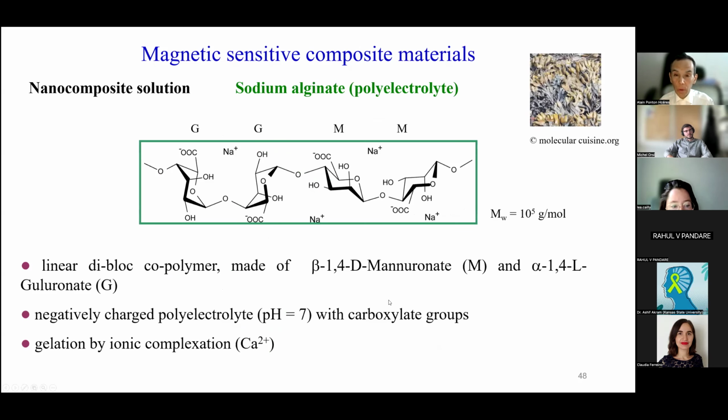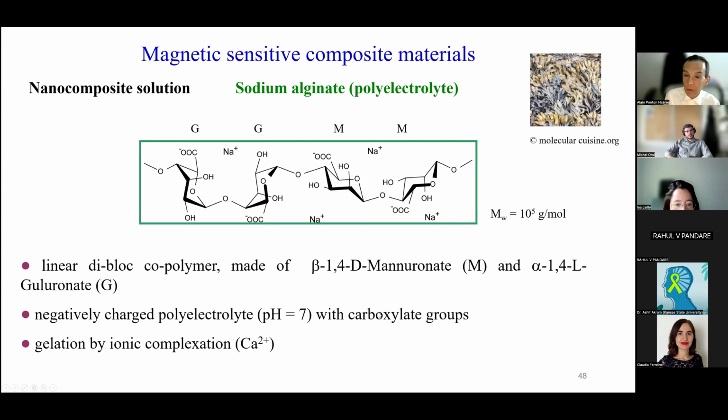So the first example for the polymer, we have chosen sodium alginate. So in this case, sodium alginate is a negatively charged polymer due to this functional group, carboxylate. Depending on the pH, the carboxylate function could be deprotonated, and sodium alginate is a negatively charged polyelectrolyte.